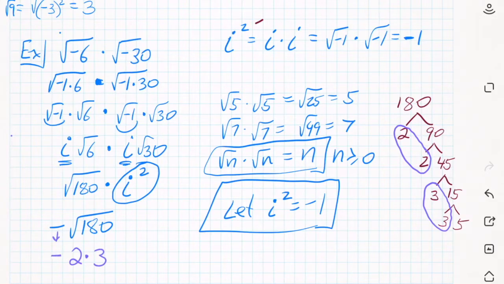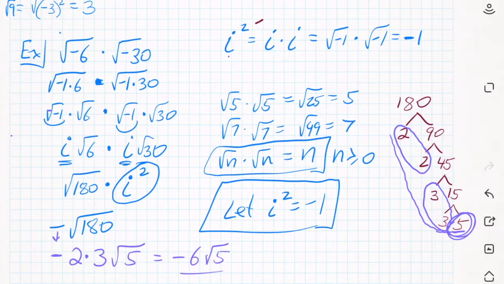And I'll bring that negative down, and a square root of, and the only number left, because you only have to look on the left if you do the smallest factor trick, the only number left on my factor tree is this 5. So the negative square root of 180 is the same thing as negative 6 square roots of 5. And that would be our final answer.